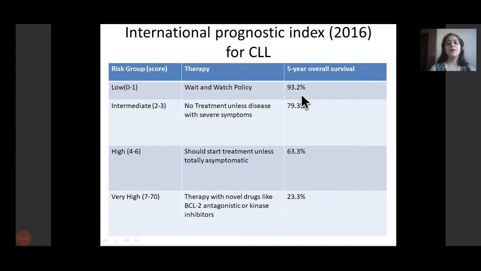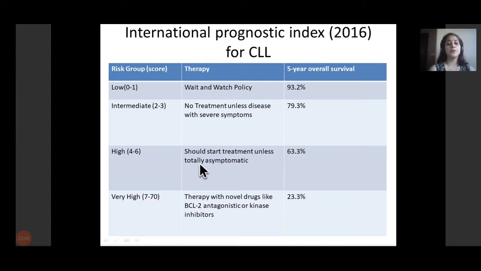We do not treat these patients, and they do pretty well even without treatment. The 5-year overall survival is 93.2%. An intermediate score of 2 to 3 is given no therapy unless the patient develops severe symptoms in between, and the 5-year overall survival is 79.3%, lower than the previous one.